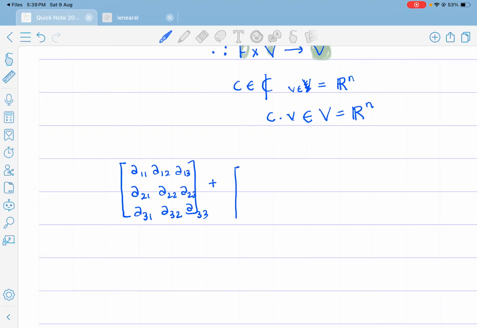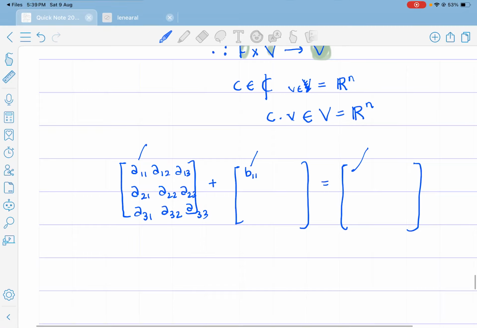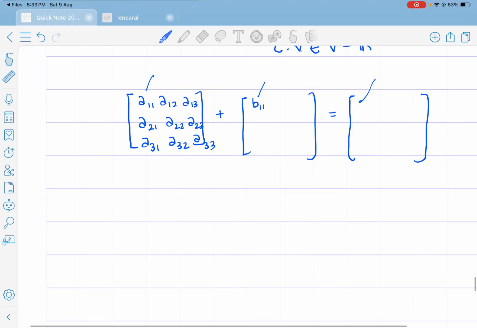You can see the addition will be like this, and this will not be a problem because real plus real will always be real, so that is going to be fine. But also, the scalar multiplication is going to make sense.